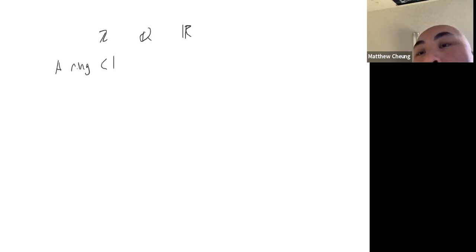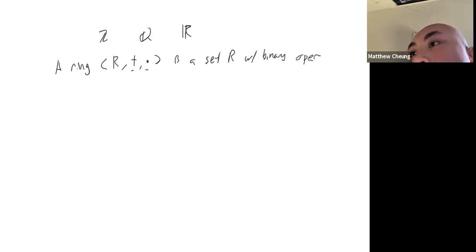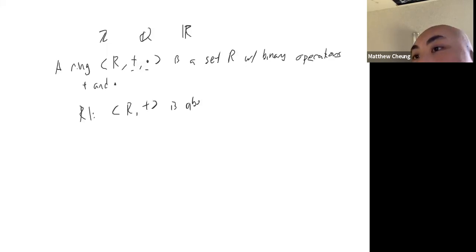it's a set with two operations. This is just notation; you should think of it as plus and times, but it's just a notation for the operation. A ring is a set R with binary operations plus and times, where I'll just do R1 for axiom 1: R under plus is an abelian group.